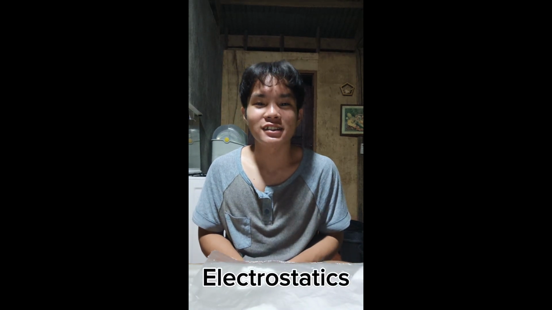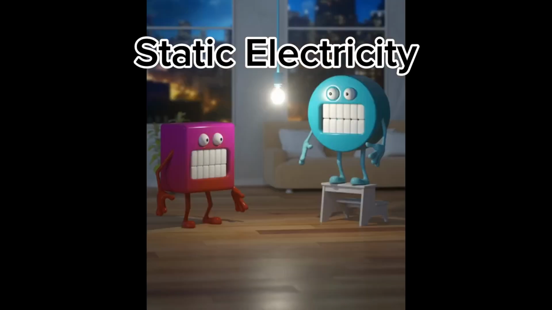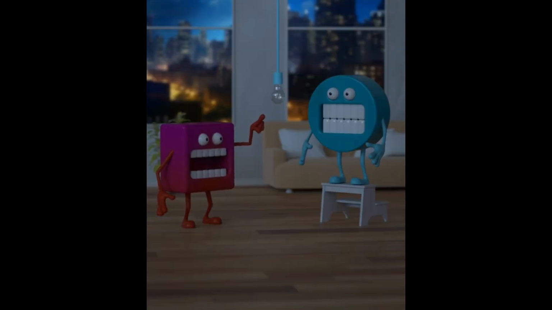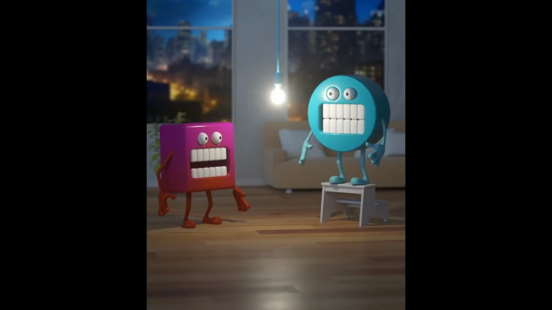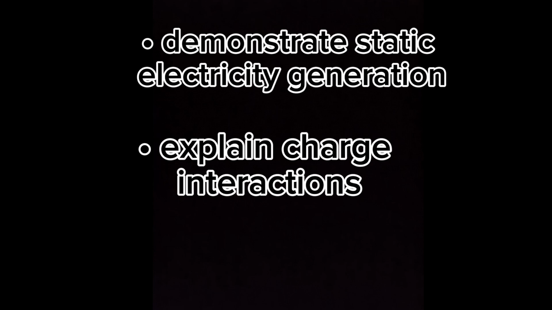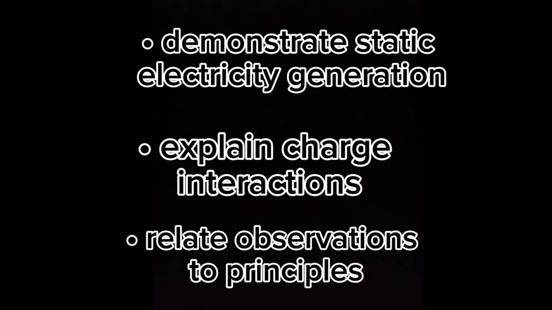I'm Sean and today we're going to talk about electrostatics, the science of static electricity. So in this video, we're going to demonstrate static electricity generation, explain charge interactions, relate observations to principles, and of course, have some fun.